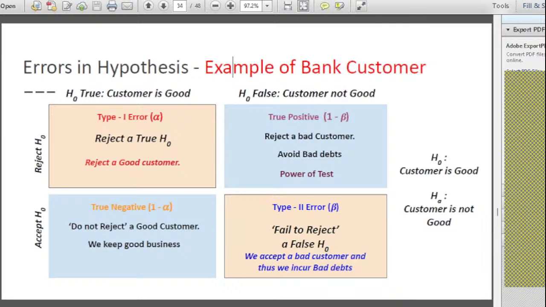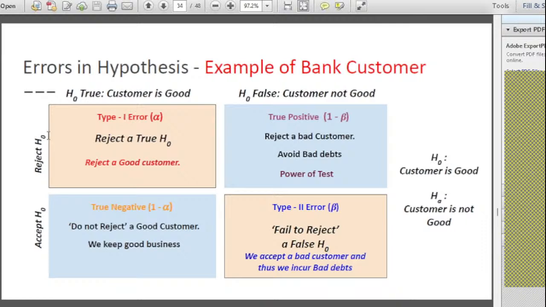Okay? So you went to a bank, right? What kind of errors can a bank make? Suppose you are a good customer, but the bank builds your details, puts them in the model, and their model says reject the null.